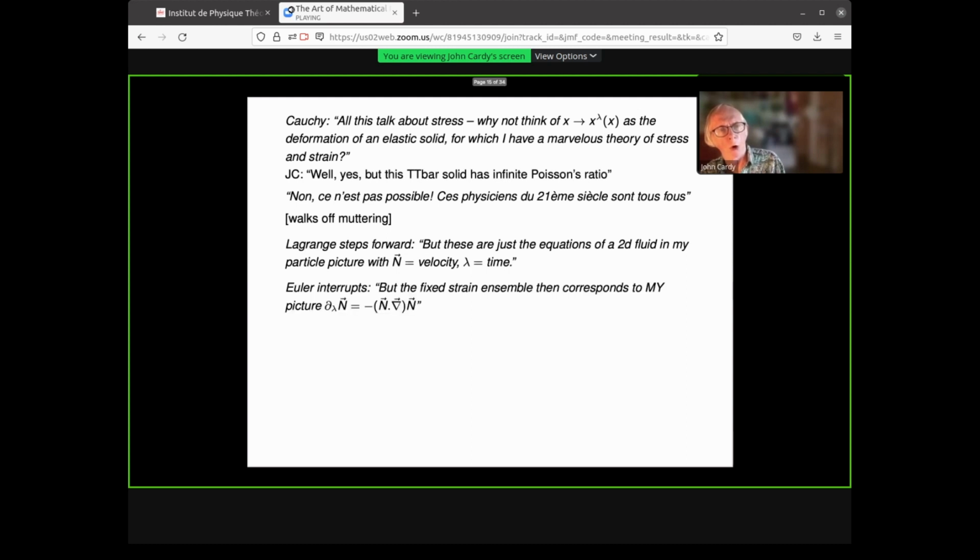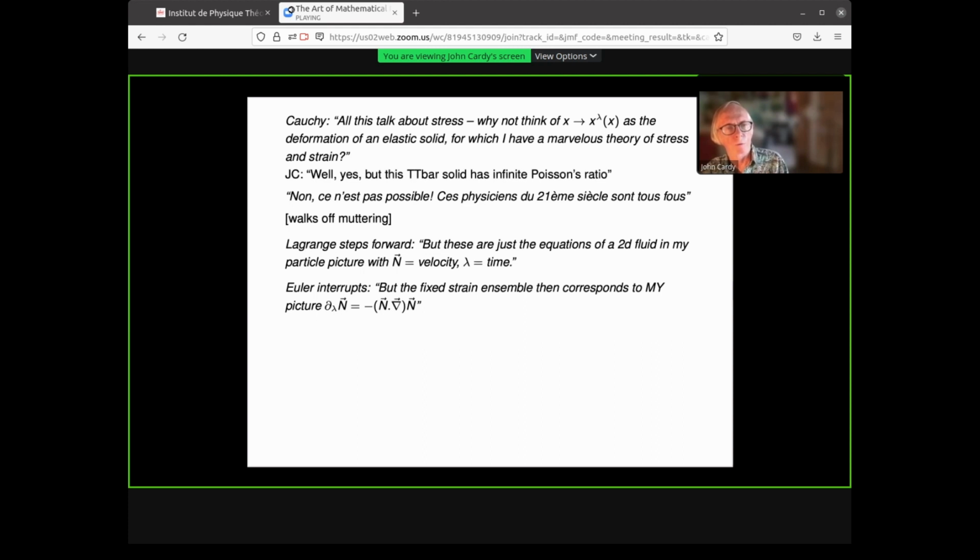And then Euler's there, of course. I don't know that Euler was there, but anyway, I believe he was elected a foreign member of the Academy. And then he says, but in the fixed strain ensemble, this corresponds to my Euler equations, which say that the rate of change of the velocity at a fixed point in the fluid is minus u dot grad u, or n dot grad n.